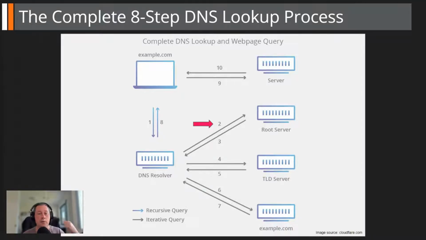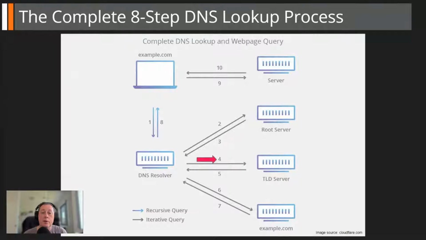This is looking for the .com first, and it's going to tell it where the .com is, and then the example part. Step three: the root server responds to the resolver with the address of the top-level domain (TLD) DNS server, such as the .com or .net, which stores the information for its domains. When searching for example.com, our request is pointed towards the .com top-level domain server.